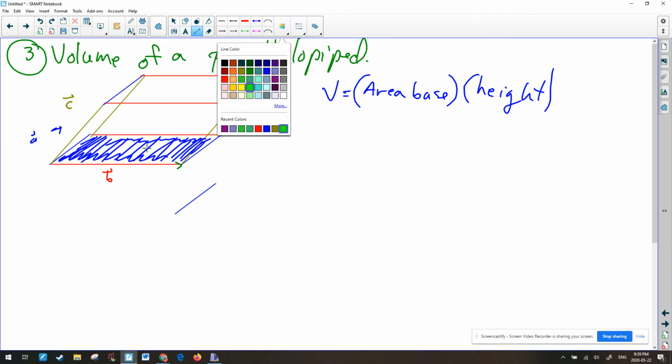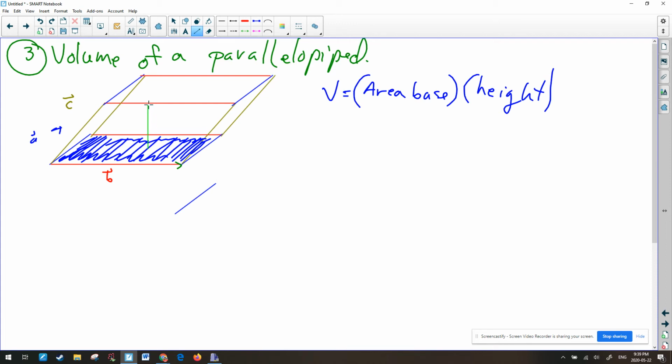How about that one? So if I were to insert this and it came up, at right angles with this face, and it's going to be hard for me to convey this, but it's at right angles with the face that's up here as well. This is the height.